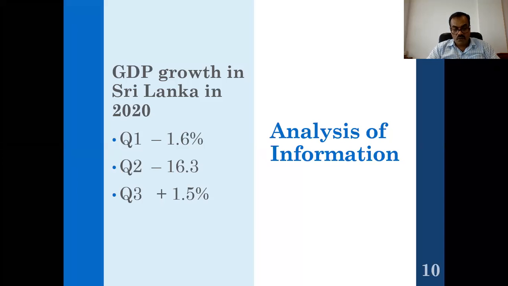I will give you 10 minutes. Please write down these numbers: quarter 1 growth minus 1.6, quarter 2 minus 16.3, quarter 3 plus 1.5.